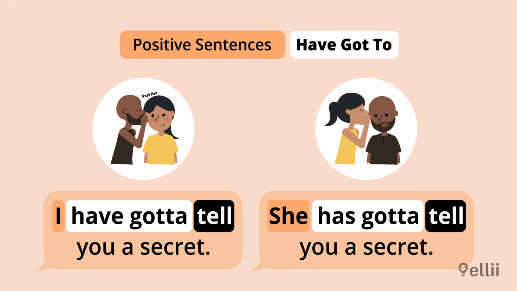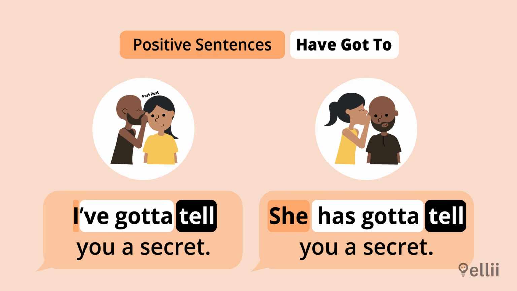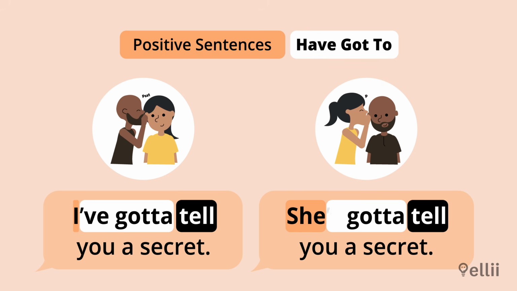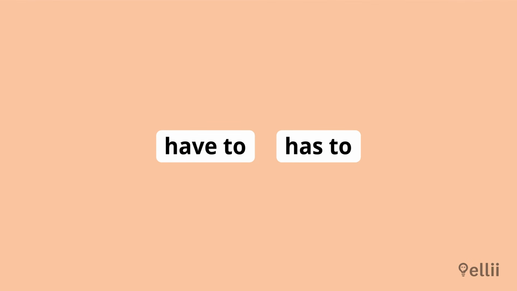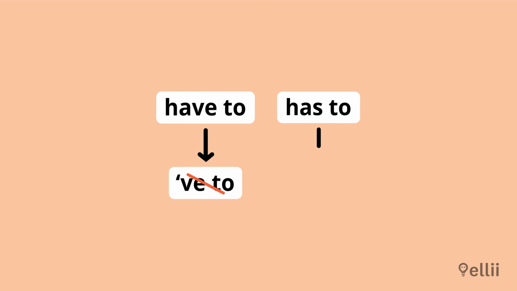Also, you can contract have to apostrophe VE and has to apostrophe S in this modal expression. I've got to tell you a secret. She's got to tell you a secret. But be careful. You can never contract the modal expression have to or has to.